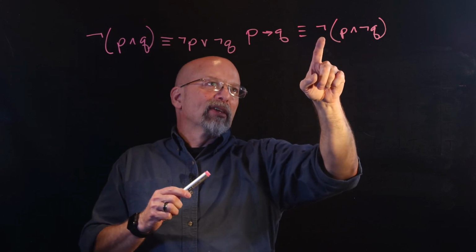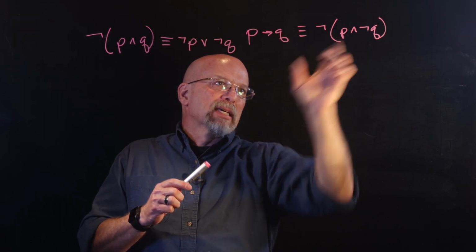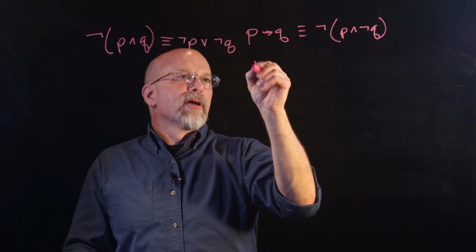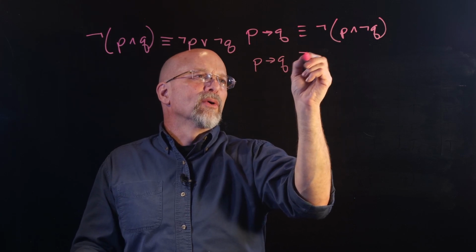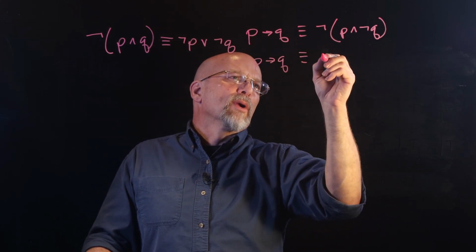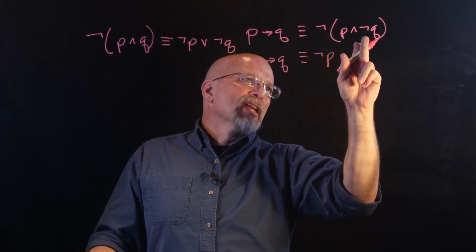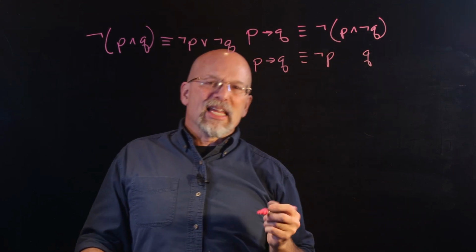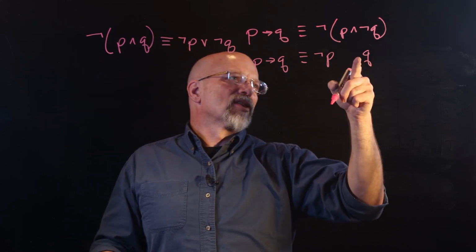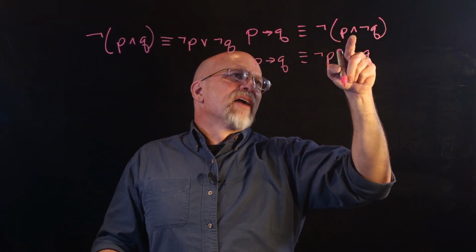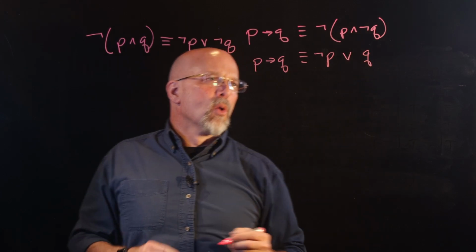Well, right here, I've got the negation of something being anded. So I wonder if P implies Q is logically equivalent to, well, I'll distribute the not to the P, and when I distribute the not to the not Q, the two negations cancel each other out, and that just becomes Q, and then the and becomes an or.